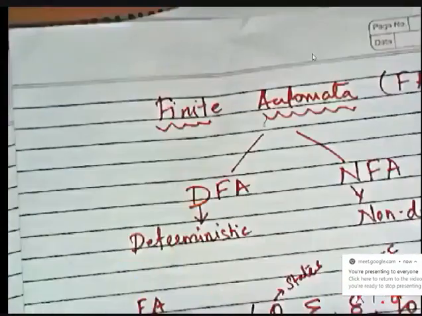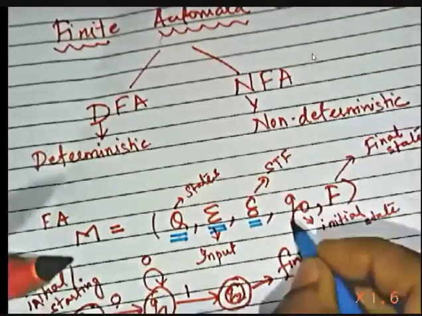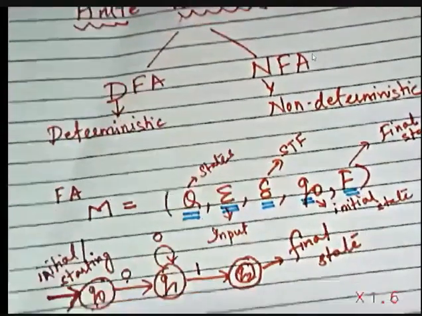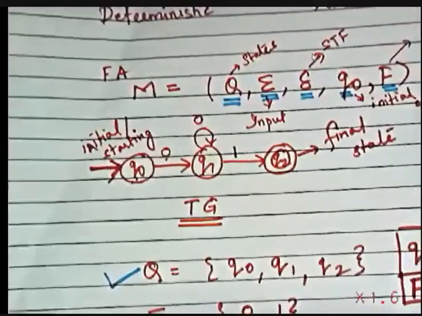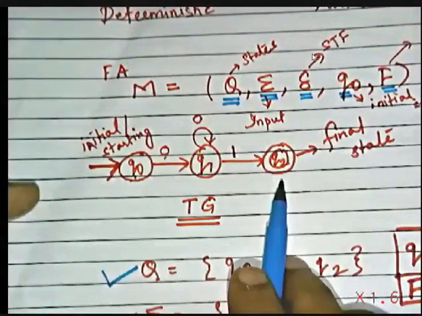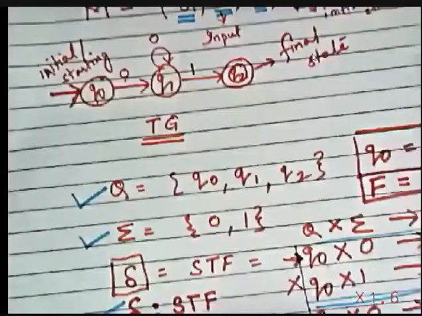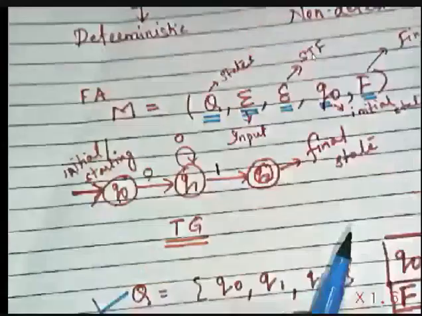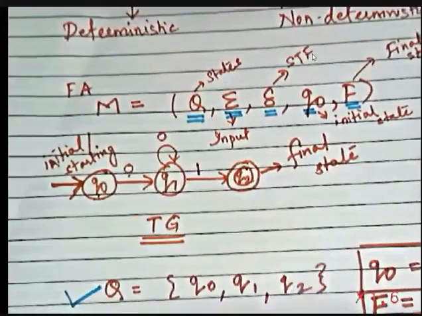So now I can say that I know everything about my finite automata and I can easily represent it. Here we have first drawn the finite automata and tried to identify the different parameters of the finite automata. I hope this is clear to everyone.